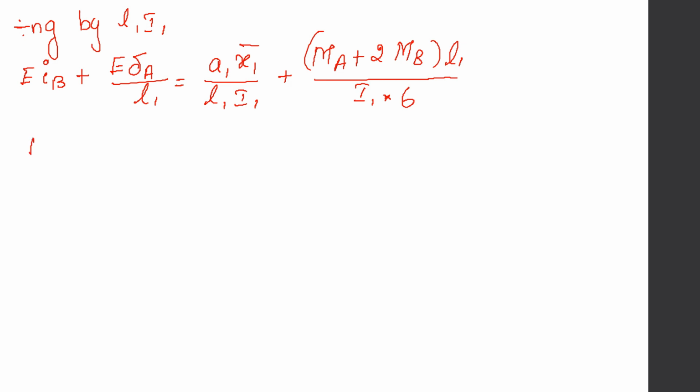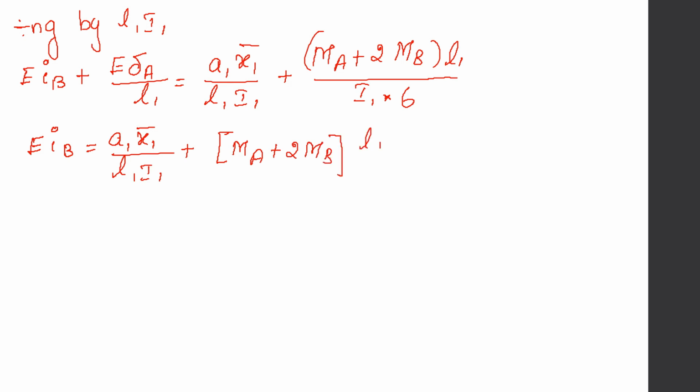So that is nothing but E into IB is equal to A1 x1 bar by L1 I1 plus MA plus 2MB into L1 by 6 I1 minus E into delta A by L1. Now, we will take this as A. This is for the first span, for the span AB.